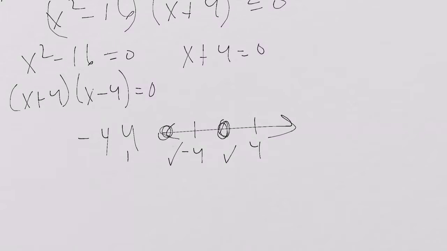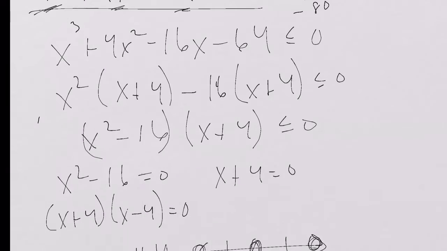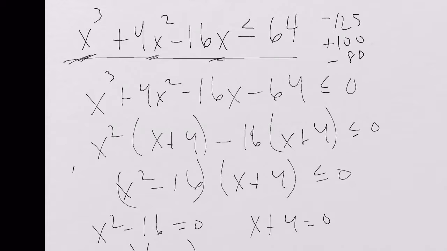Now if I went to the right of 4, let's say 5, let's check those out. So I get a positive 125, a positive 100, and then, oh, the last one, it was negative 5, that should have been a positive 80. Oh, now I gotta check that last one.